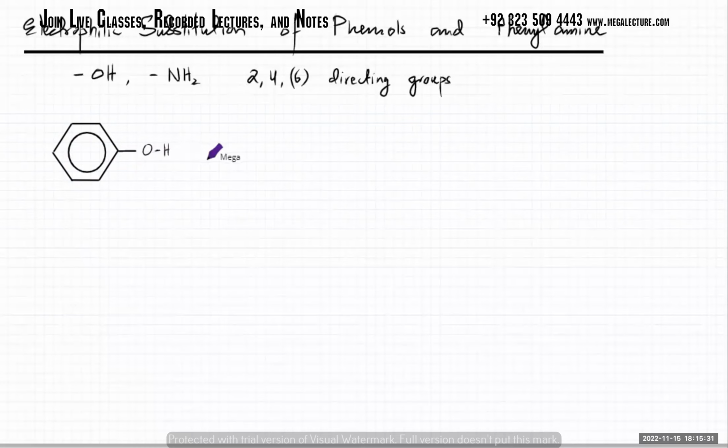Now this thing is basically your phenol. अच्छा, plus phenylamine is exactly the same thing, except the phenylamine will have an NH2 instead.